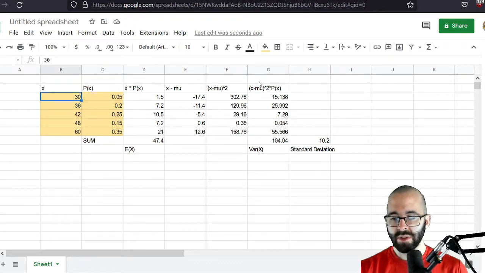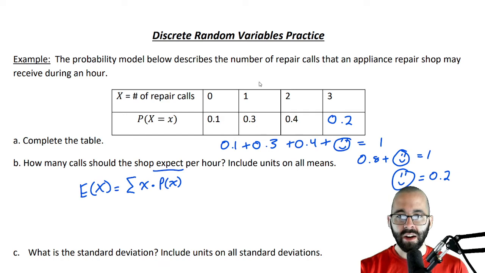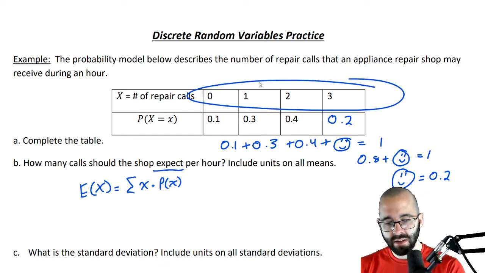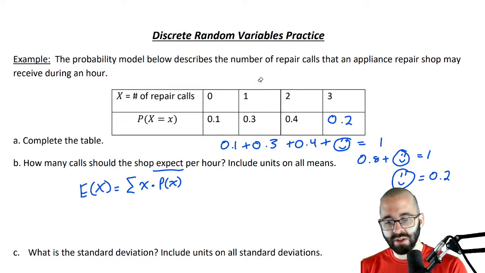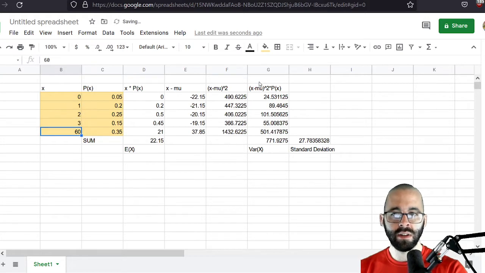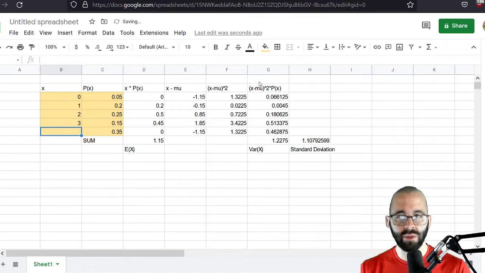Now x's, it's no longer cups of coffee. These are our x's up here, and the probabilities for each of those are below. So our x's are just 0, 1, 2, and 3. We don't need this fifth one, so let's get rid of it.